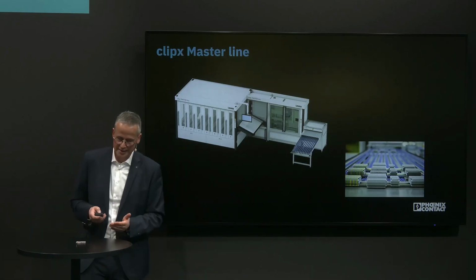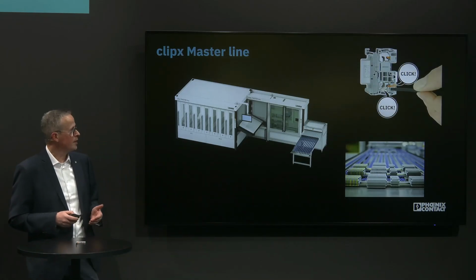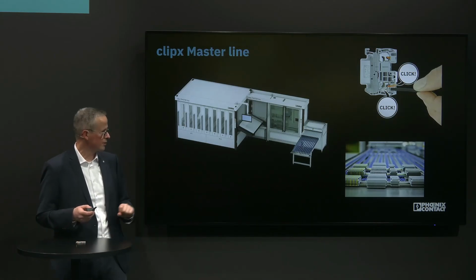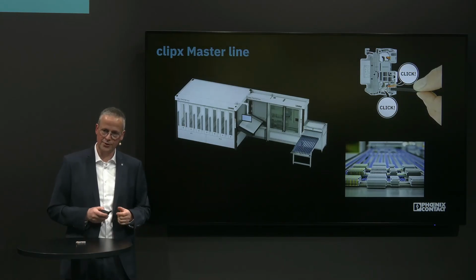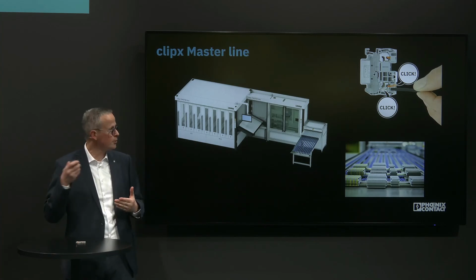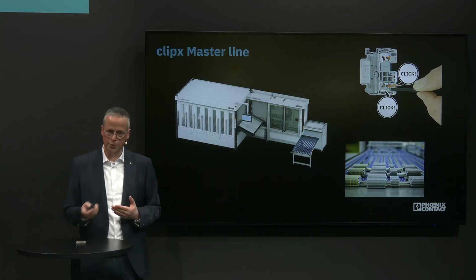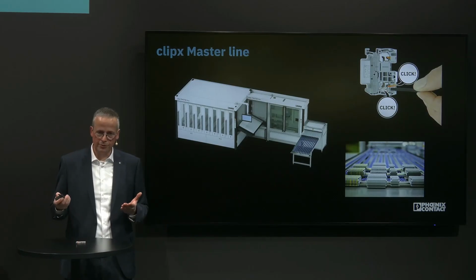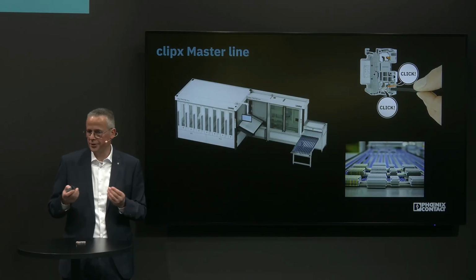And how can our XT terminal block help with this kind of thinking? So as I mentioned, this is the top of the mountain, our master line, but the direction goes into automation of processes. And we are pretty sure that one of these steps will be automated wiring.